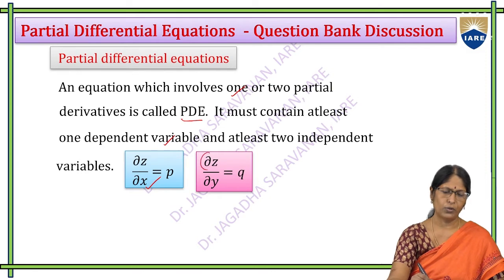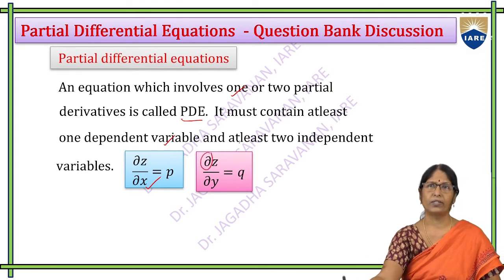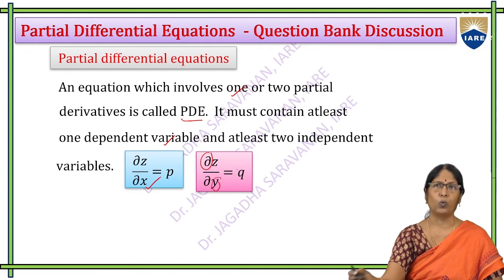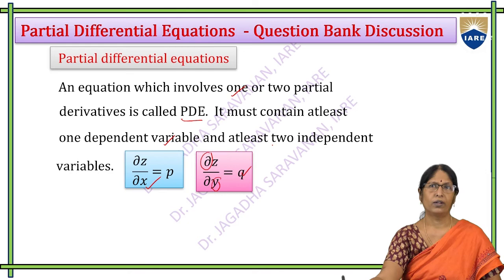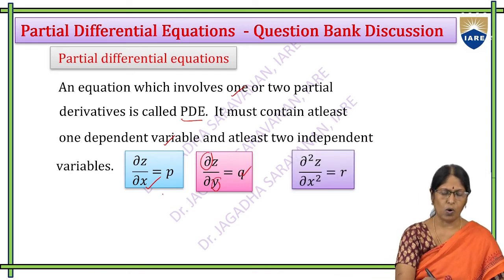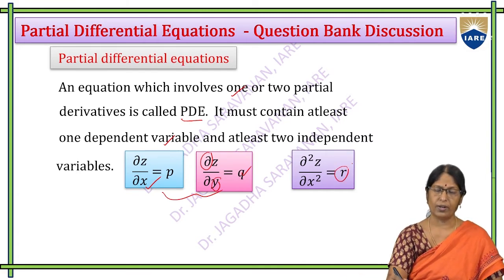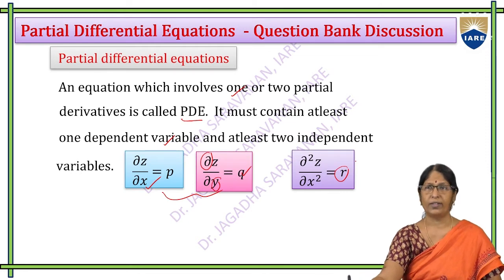The symbol ∂, which represents partial, we are going to do with respect to y. This notation we are noting as q. These two are partial differentiations of first order.